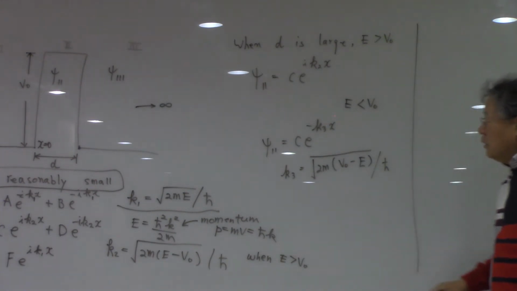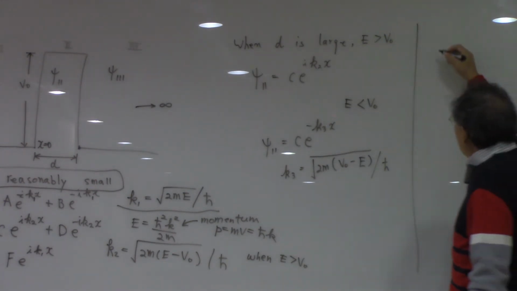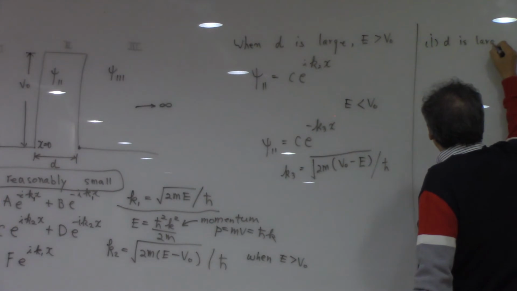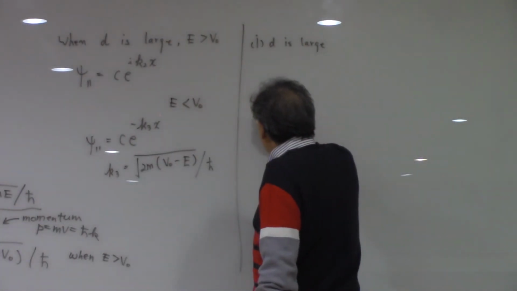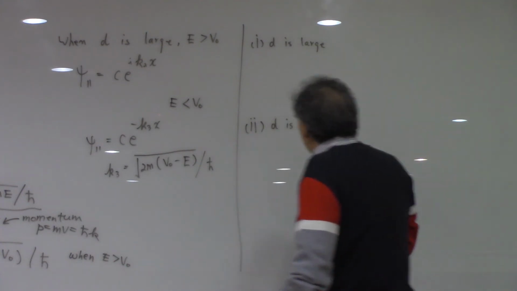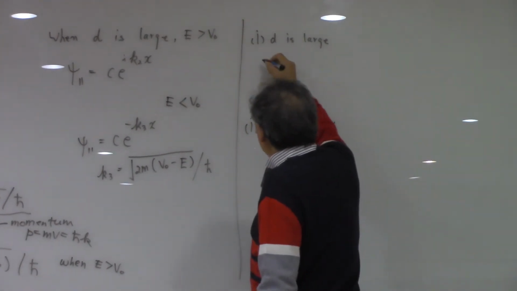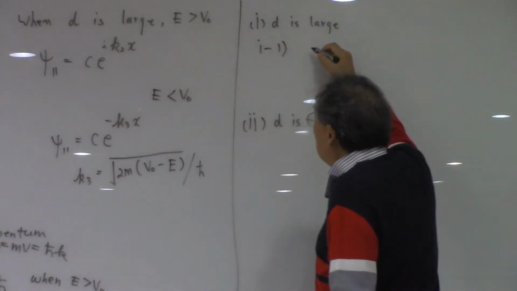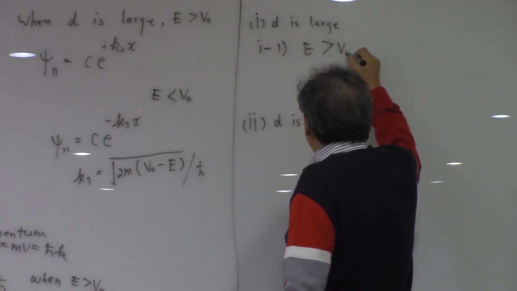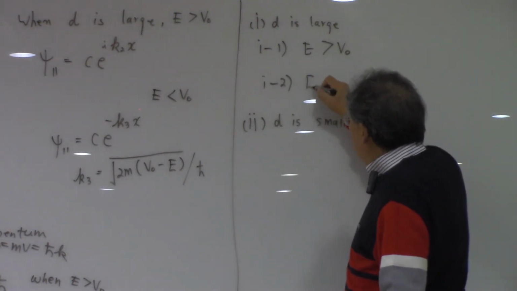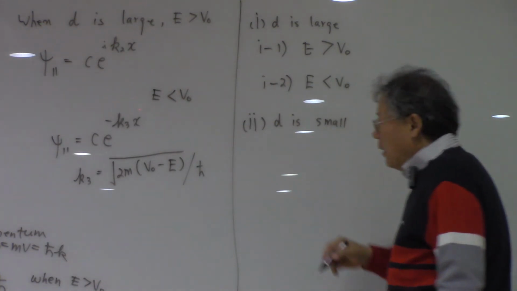Then with these wave equations, we have cases where first d is large and second where d is small. When d is large, we can have the case where the electron energy is greater than the barrier height, and the second case where the electron energy is less than the barrier height.